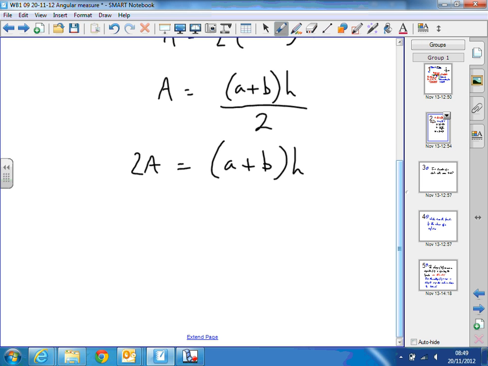So already it looks better because I've got rid of the denominator underneath on the right hand side. Remember what I'm after, which is B. So what might you do next?